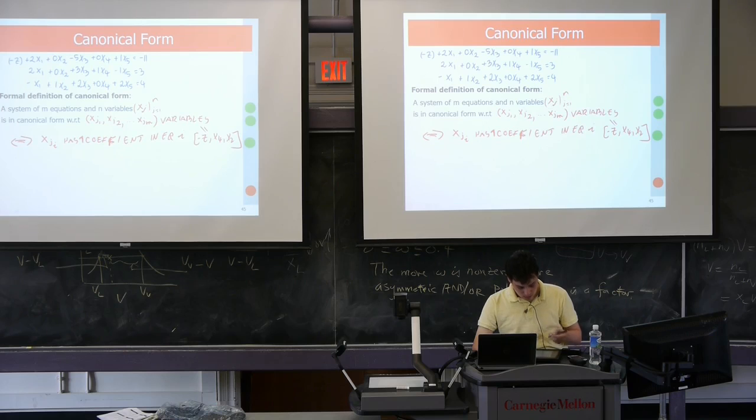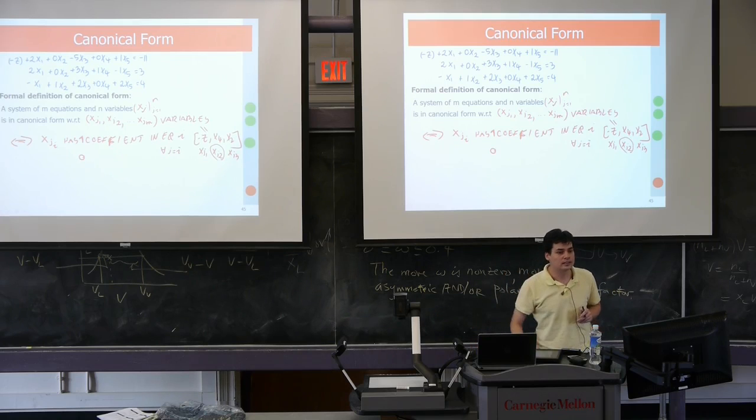So this is xj1, this is xj2, this is xj3. And we need that, for example, xj2, the second equation for x4, has coefficient 1 and 0 in all other equations. Is it clear? Yeah, question?